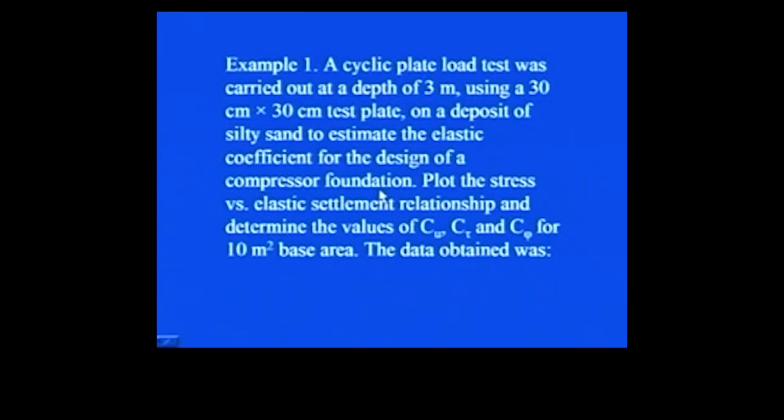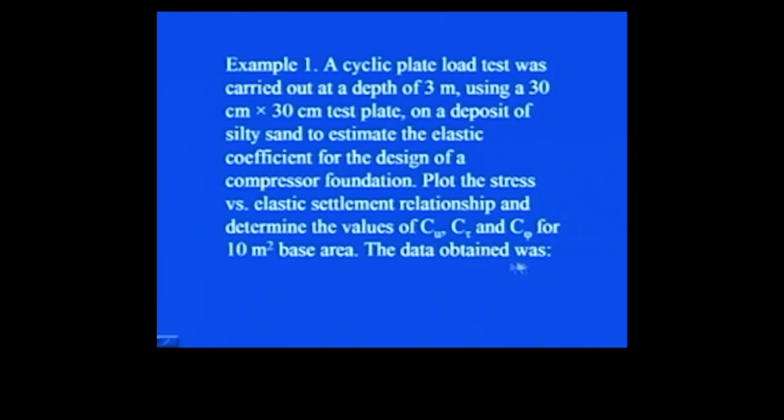So here we have to design a compressor foundation, so that machine will be a reciprocating machine. The statement says to plot the stress versus elastic settlement relationship and determine the values of Cu, C tau and C phi for 10 meter square base area.